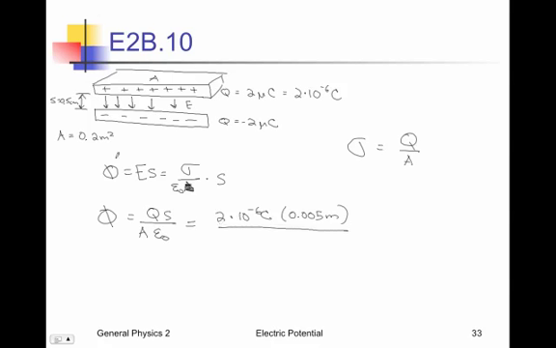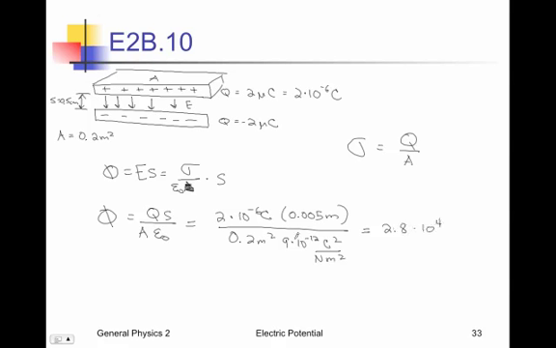My area, they tell me, is 0.2 meters squared. And my epsilon naught is 9 times 10 to the minus 12 coulomb squared over Newton meter squared. And when I multiply that out, I get 2.8 times 10 to the fourth.